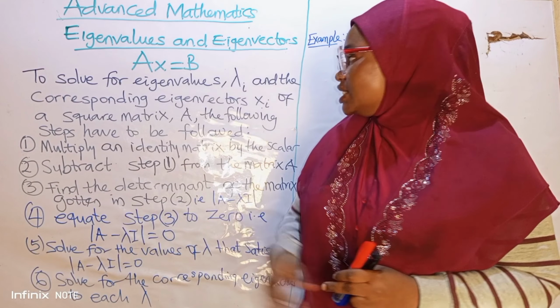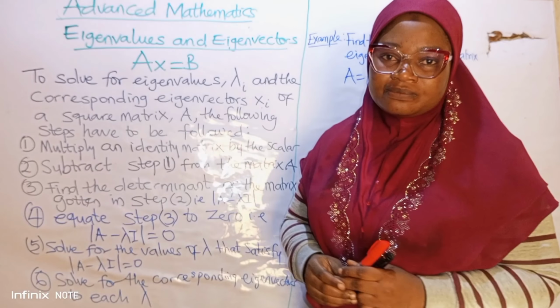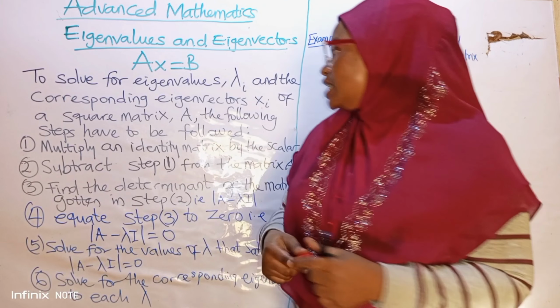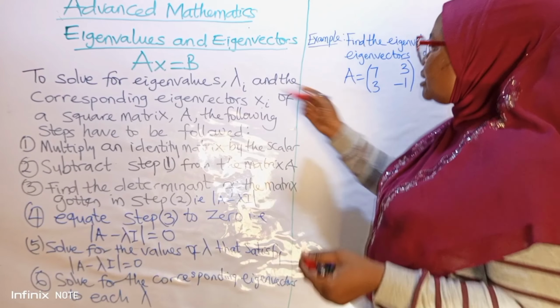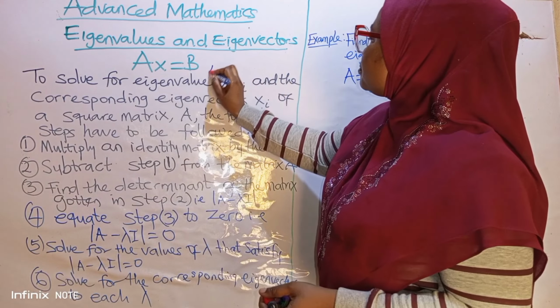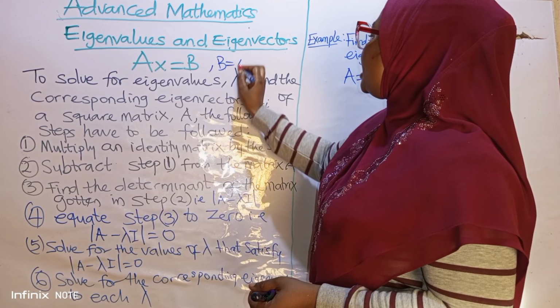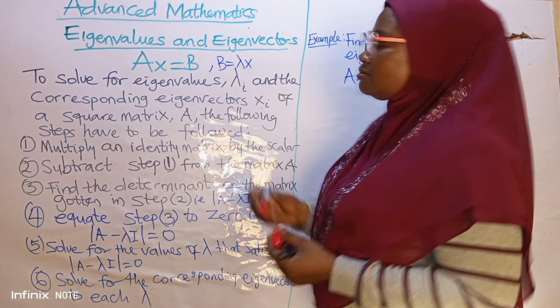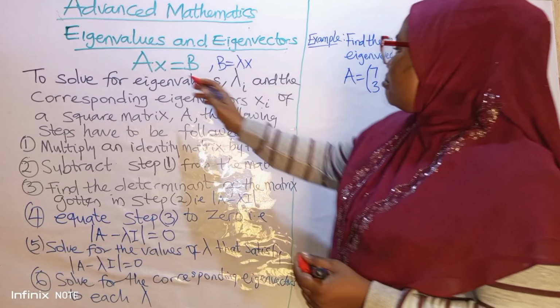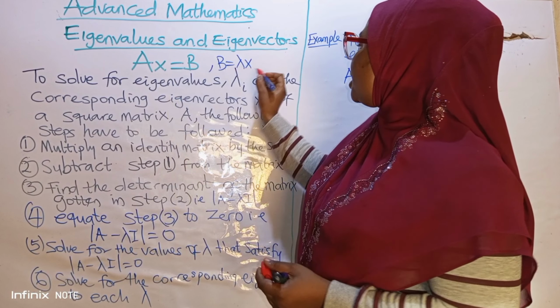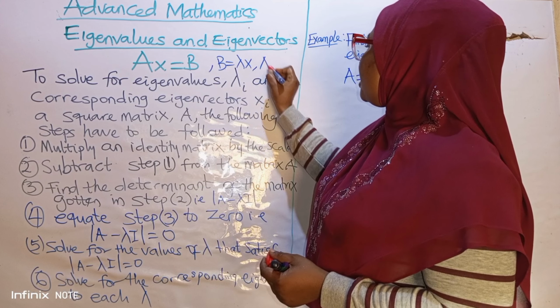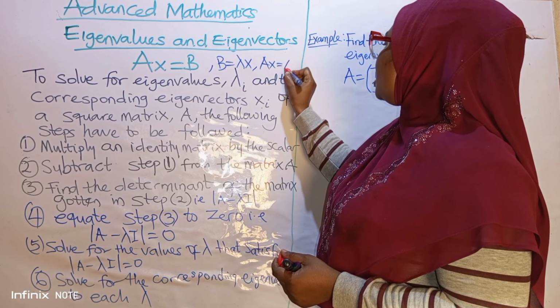So if this is special, I can write B to be equal to lambda x. So the main equation can now be written as Ax = lambda x.